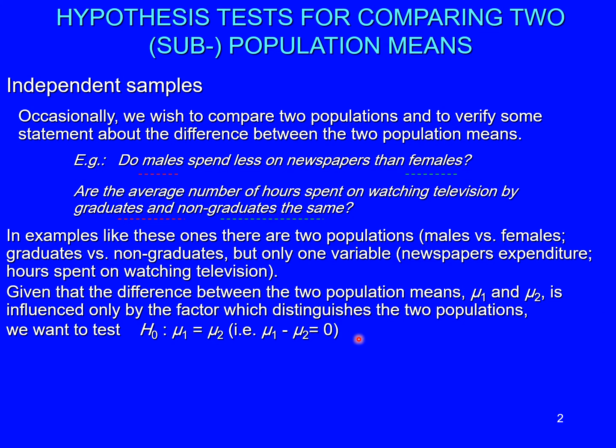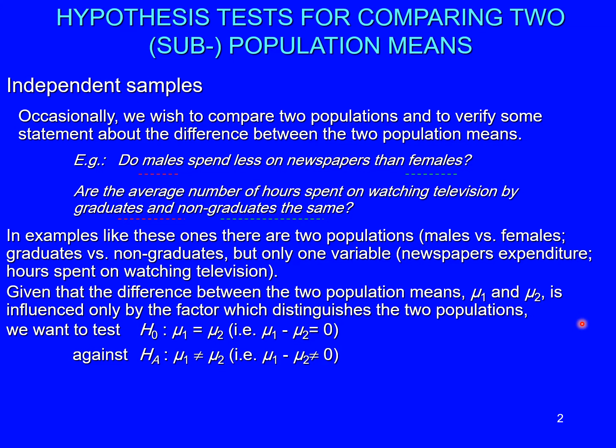So the null hypothesis, as we mentioned, always has the equal sign. So the null hypothesis is mu1 equals mu2, or mu1 minus mu2 equals 0. The same meaning, right? That's the null hypothesis which we want to test, against the alternative hypothesis, mu1 does not equal mu2.